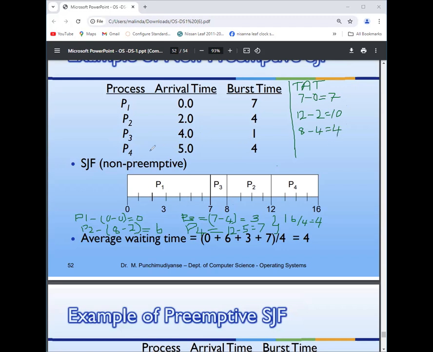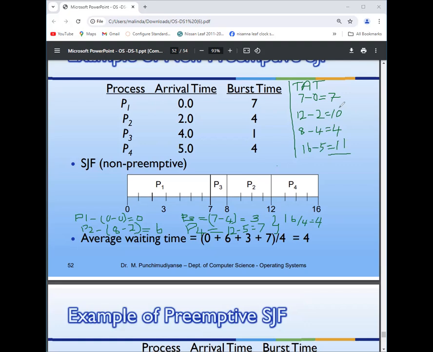And for the P4, arrived at time 5, exit at time 16. So 16 minus 5 is 11. So the turnaround times for the 4 different processes are given here.